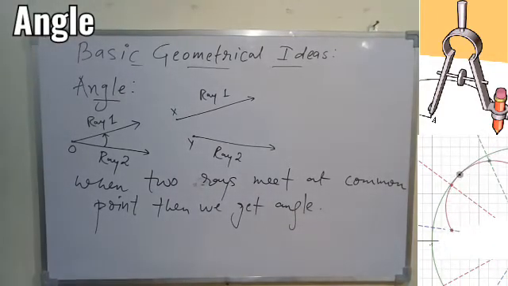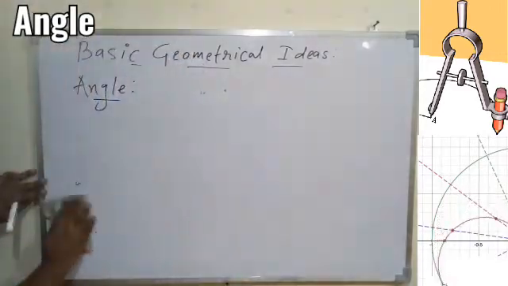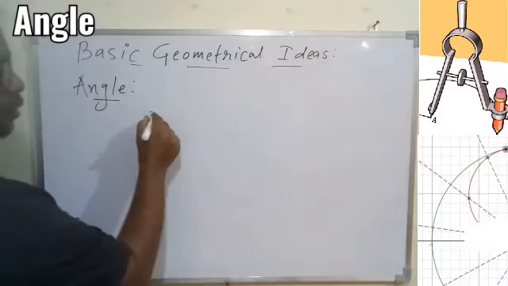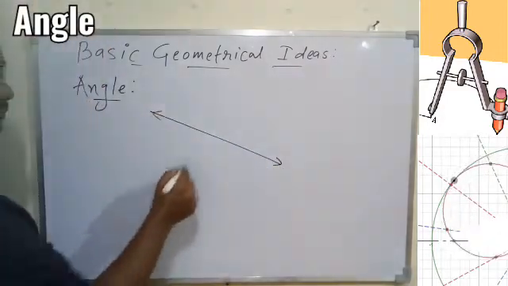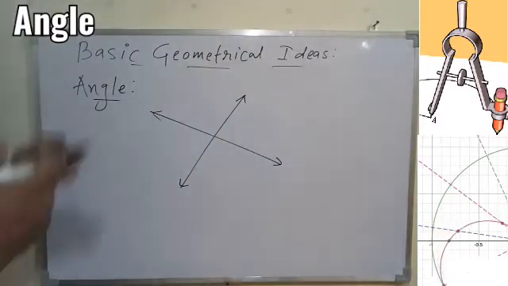Another thing is that angles can be made by any two lines which intersect. If you remember, lines have no endpoints anywhere.